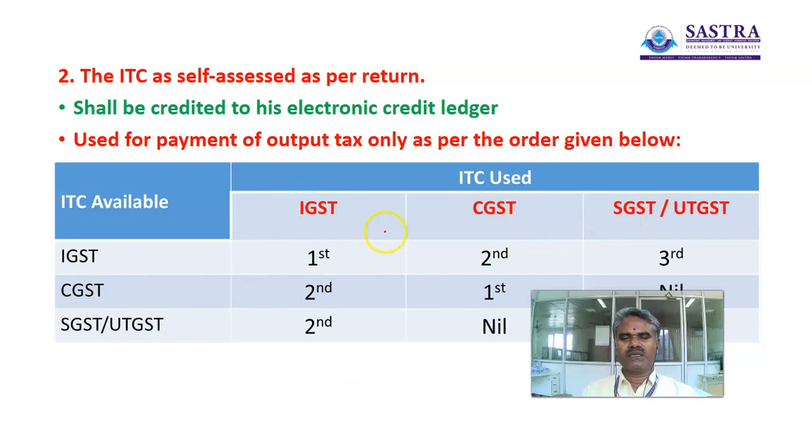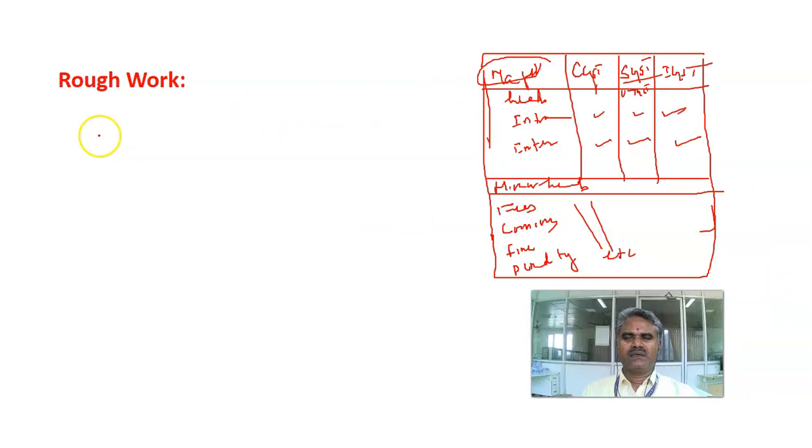You have an output, you see here, output tax payable: CGST, SGST, then IGST.